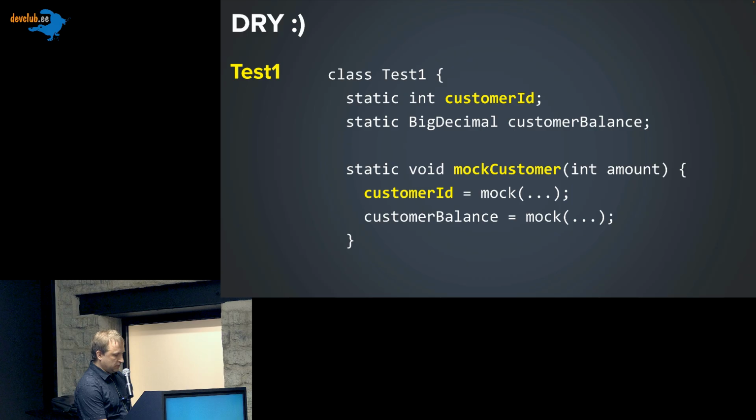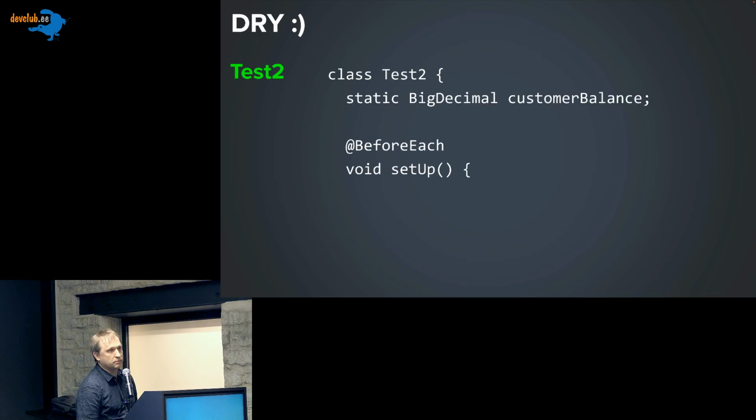And of course, since this method is static, again, we want to reuse this from other tests. We have another test tool, which mocks some of its own data, but also occasionally calls helper method from different tests. So one test is using static helper method from another test. Like it often happens, right?